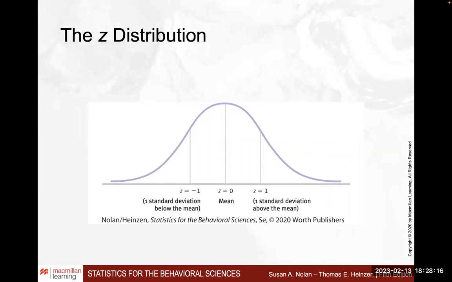If you have a z-score of -1, it's one standard deviation below the mean. Simple, right? So you know the mean, you know the standard deviation, you're subtracting the standard deviation from the mean, they have the same unit, you're subtracting one from the other, you basically get a z-score of -1. You add it to the mean, you get a z-score of +1.